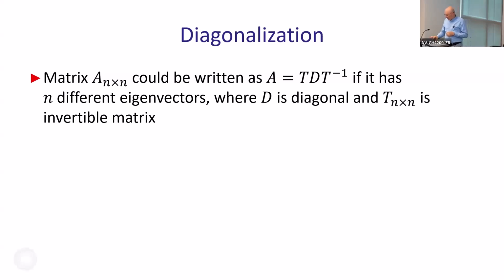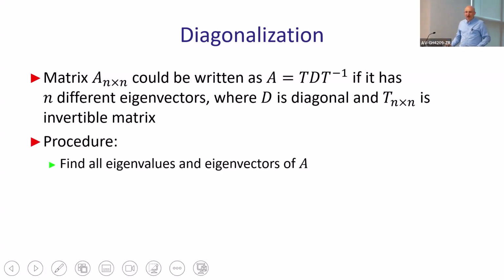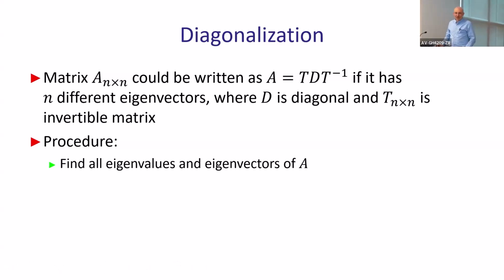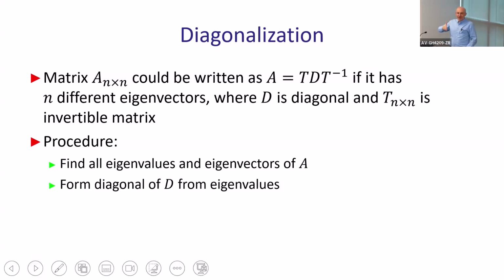So the procedure is very simple: find all of the eigenvalues of the matrix A, and put them on the main diagonal of matrix D. This will be your matrix D, okay? The second matrix will be just columns of eigenvectors. So matrix T will be just the eigenvectors of your matrix A. That's it. This is diagonalization.